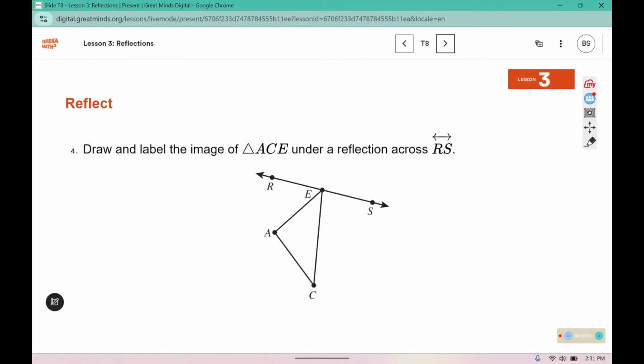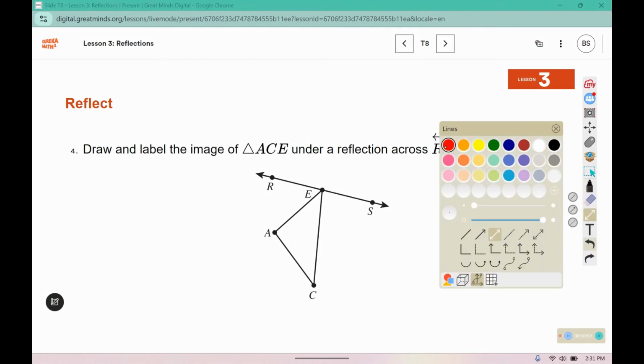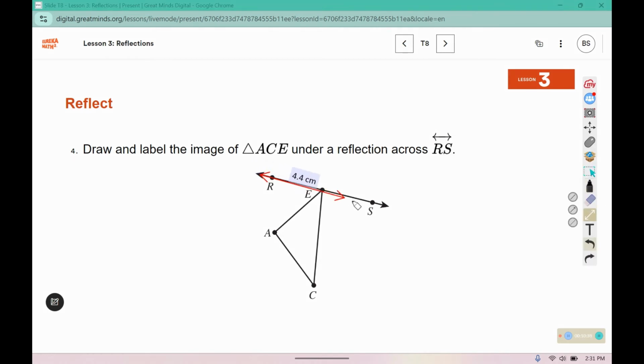Draw and label the image of ACE under the reflection across RS. RS is going to go on our tracing paper. We will also be tracing R and S as well, those points on the line.